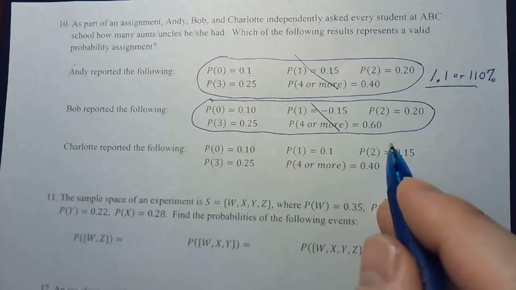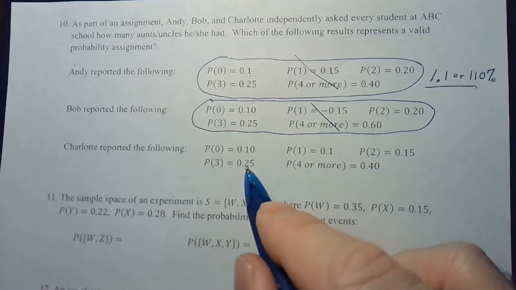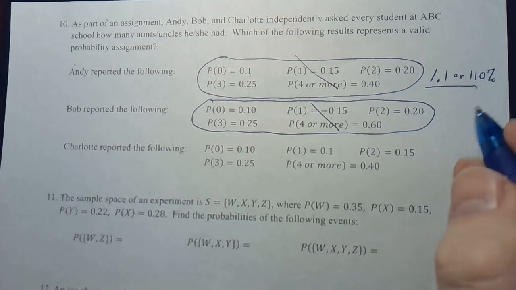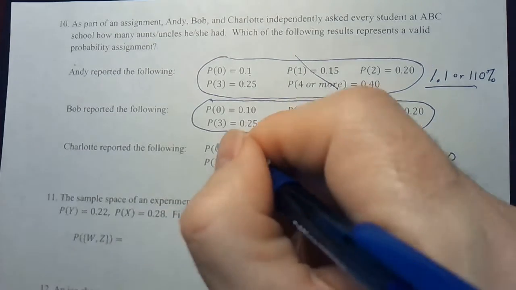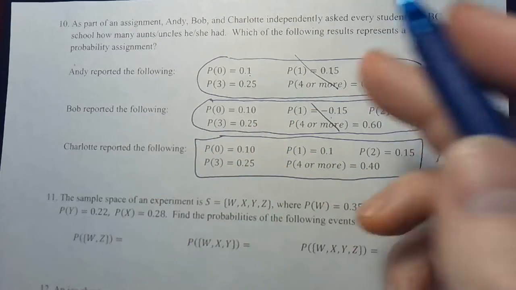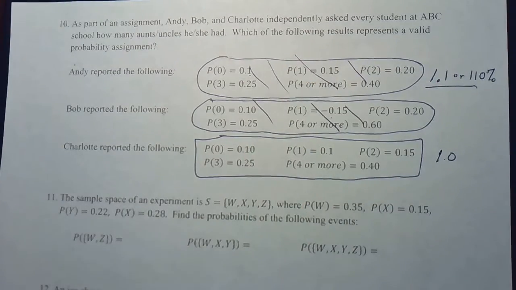No, it must be 0.60. Let me double check that. 0.1, 0.2, 0.35, yeah, 0.60, and then the 0.40 makes it add up to exactly 1.0. So this one is good. It is a valid probability assignment. The first two were not.